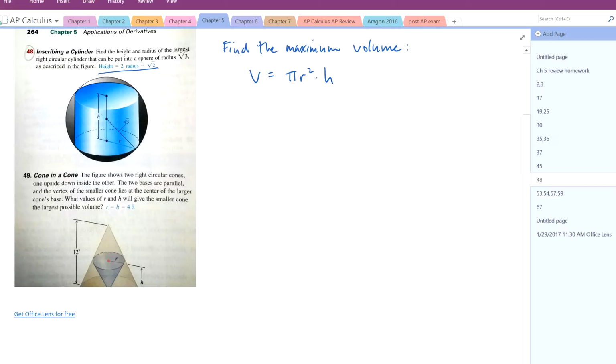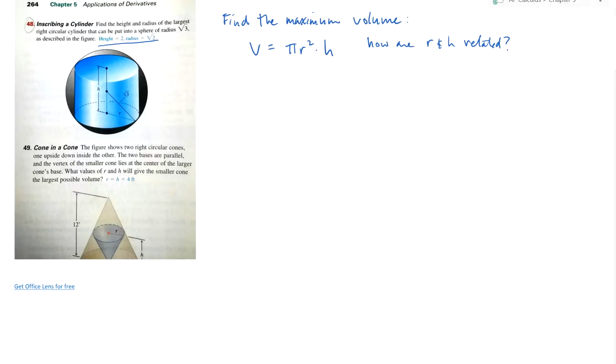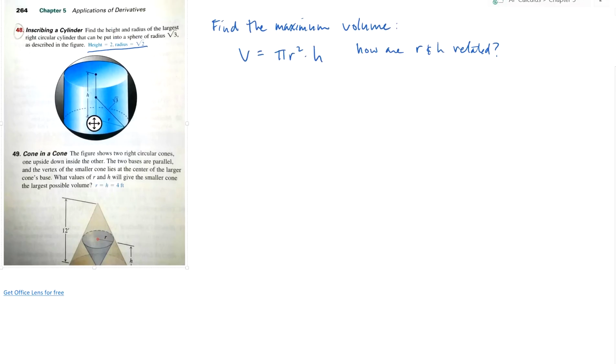Problem is, of course, we've got r's and h's. I need to write one in terms of the other. How are r and h related? That's the $64,000 question. Let me go big here, get some more space. You probably already answered this question.